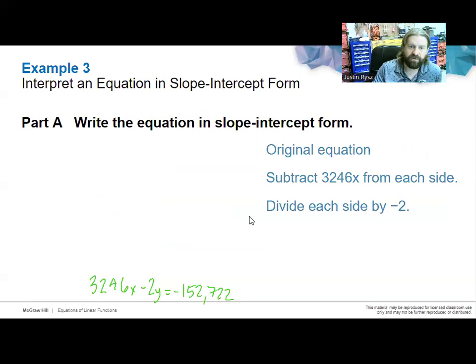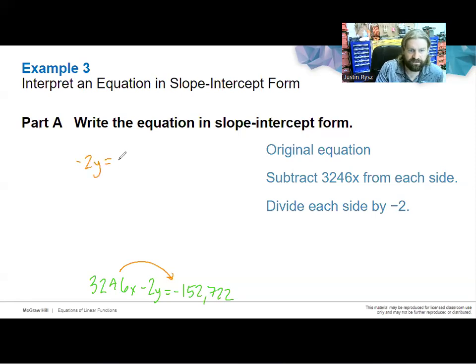Okay, so if we want to go ahead and write this in slope-intercept form, we need to get the y by itself. So I'm going to take this equation here, we're going to minus the x over. So we get a negative 2y is equal to a negative 3246x minus 15,722. And then we need to divide everything by negative 2.